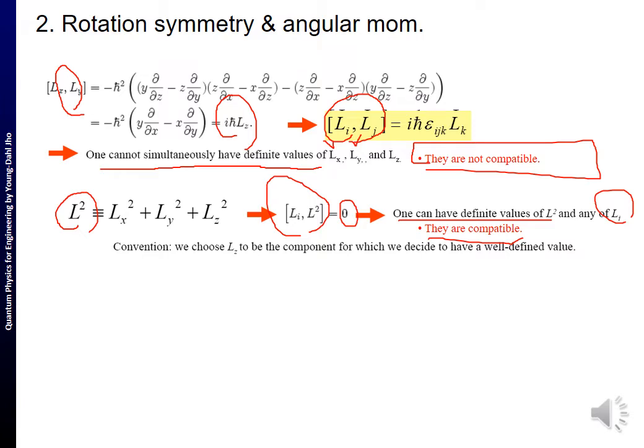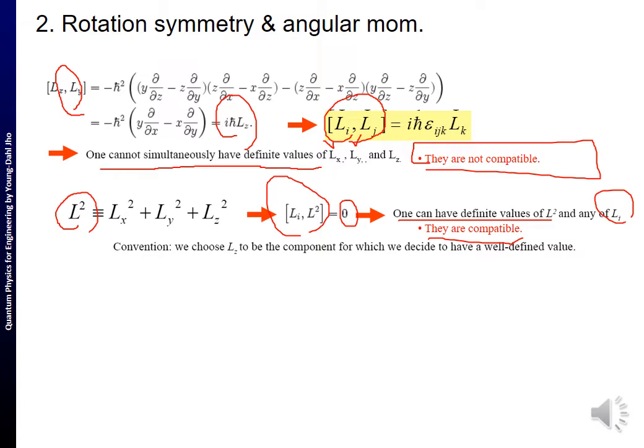Still, quantum mechanics itself is considered to be one of the most difficult classes. So my suggestion is, if you cannot understand anything here in this class, still it is okay. I just suggest that you understand the meaning of angular momentum.